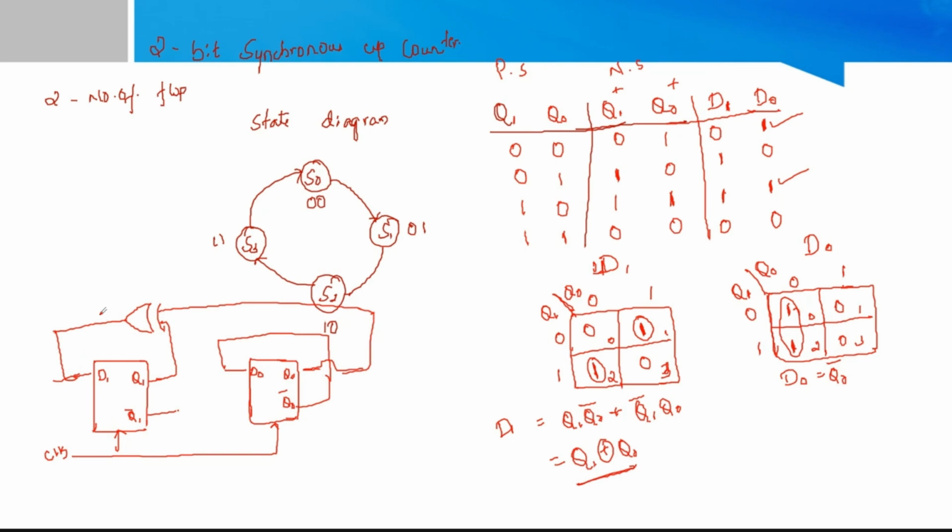Any doubt in the counters, the synchronous and the asynchronous? Which is easier, synchronous up counter or the asynchronous up counter? Guys, speak up. Synchronous. Synchronous up counter is easier.